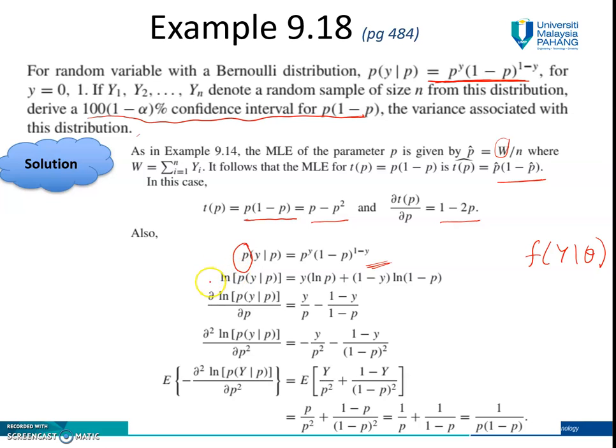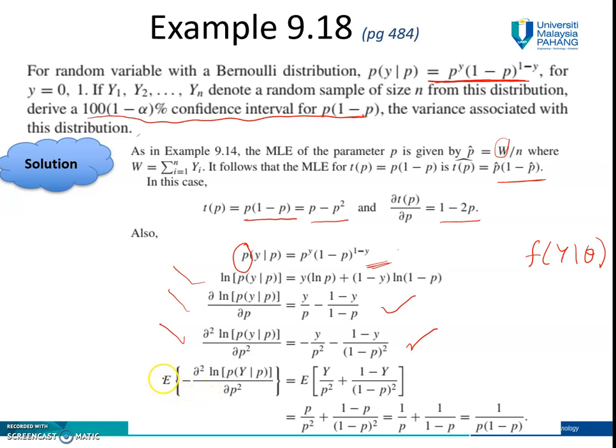You make it ln, similar to how we get the estimator tau. You differentiate for the first time, then for the second time, and then you can take the expected value of this one.